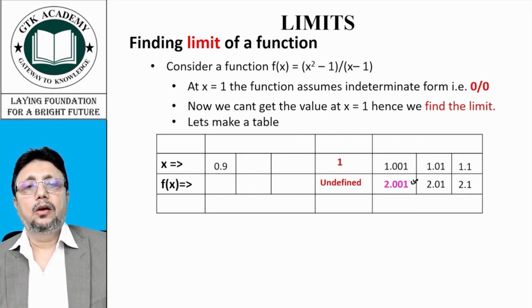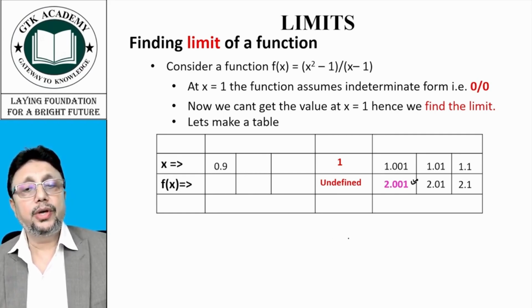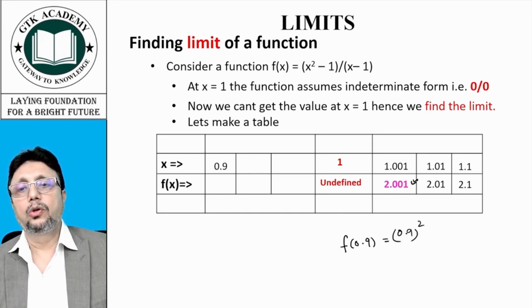Now, go towards the left from 1, say 0.9. If you take the value of x as 0.9, f(0.9) is equal to (0.9 whole square minus 1) upon (0.9 minus 1), which is equal to (0.9 minus 1)(0.9 plus 1) upon (0.9 minus 1). You can use the a square minus b square form.